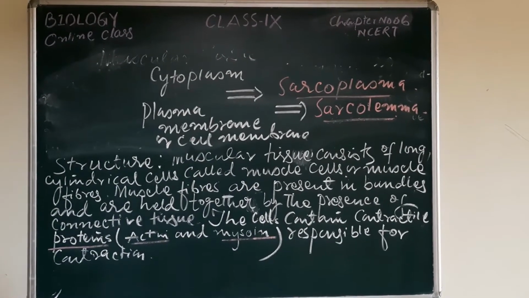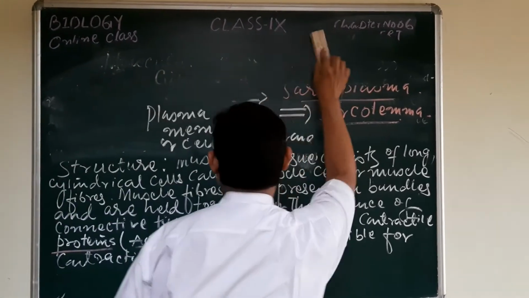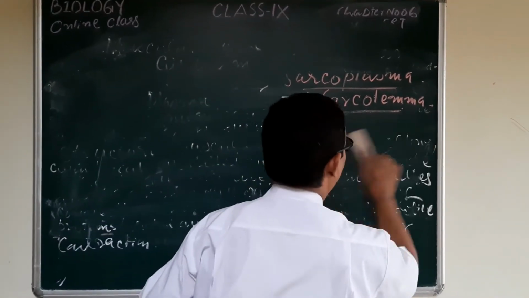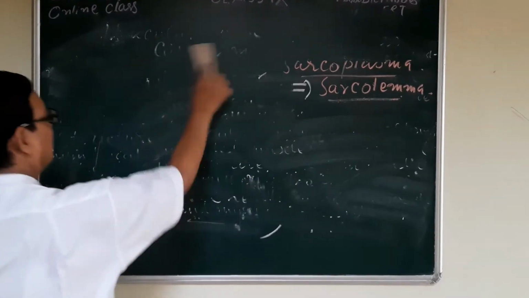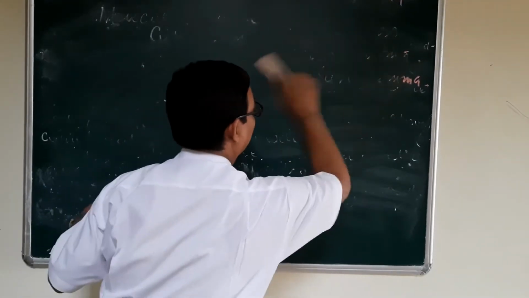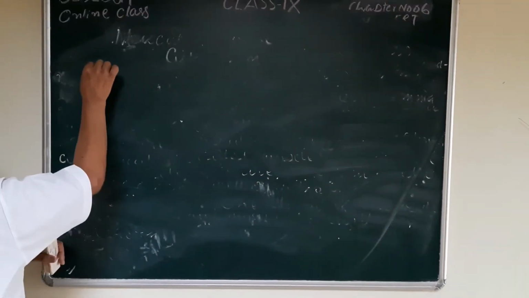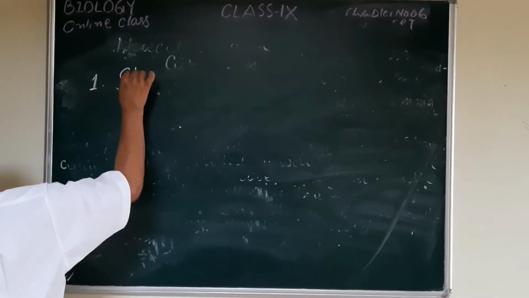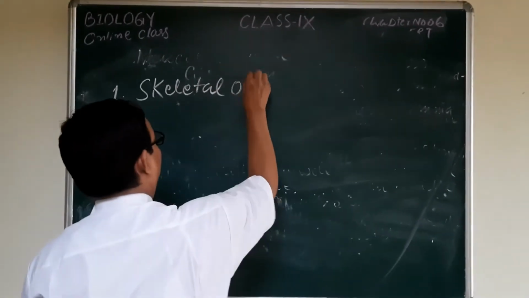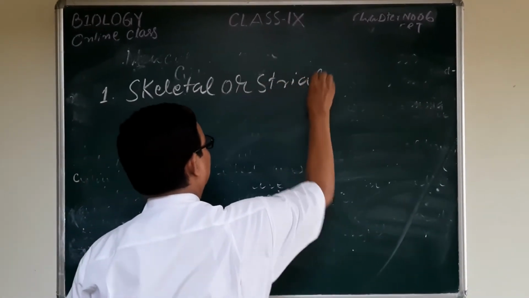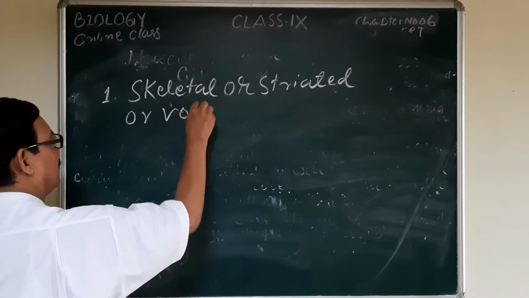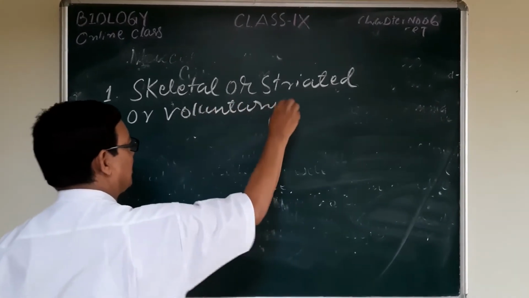Muscular tissue, now its types. Muscular tissue is divisible into three different types. Number one, skeletal or striated or voluntary muscular tissue.